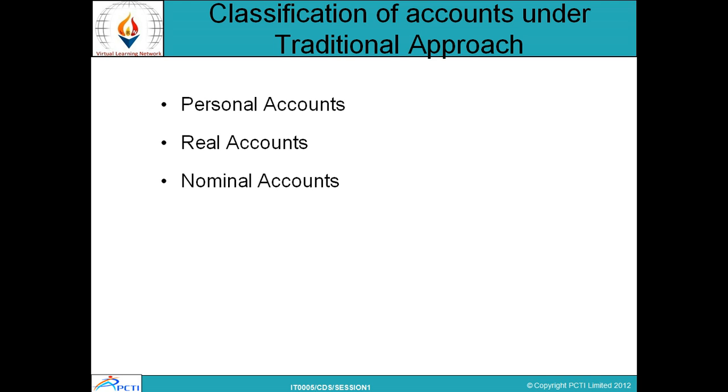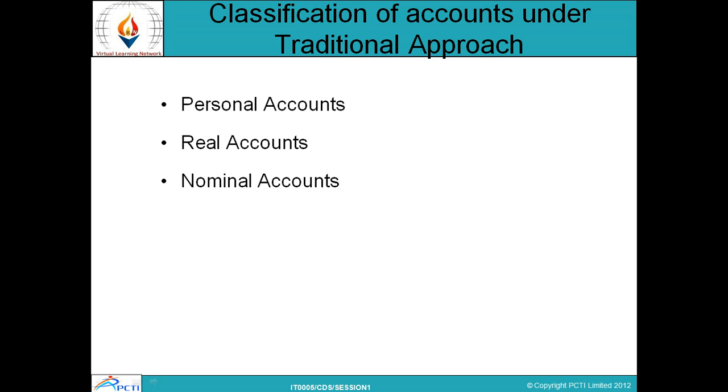They do not really exist in physical form, but behind every nominal account, cash is involved. For example, salaries account is a nominal account. When salary is paid in cash, the cash goes out and there is nothing in physical form. Therefore, salary account is regarded as a nominal account. Similarly, all the expenses and the losses, all incomes and the gains accounts are recorded in the nominal account. Correct?